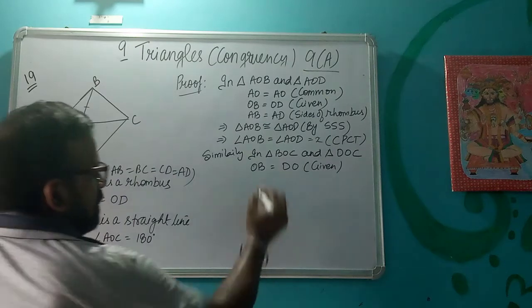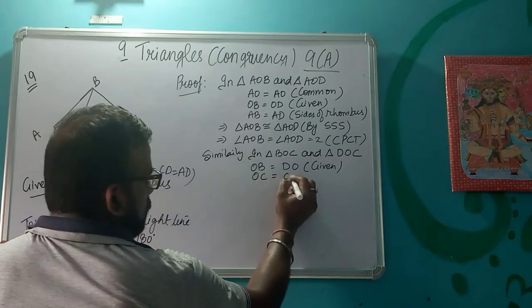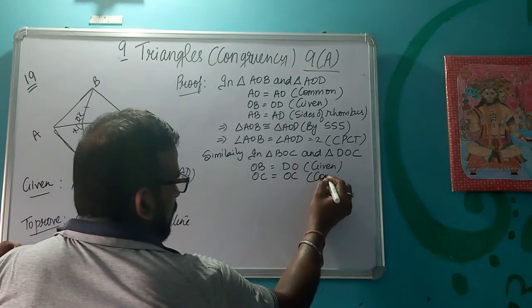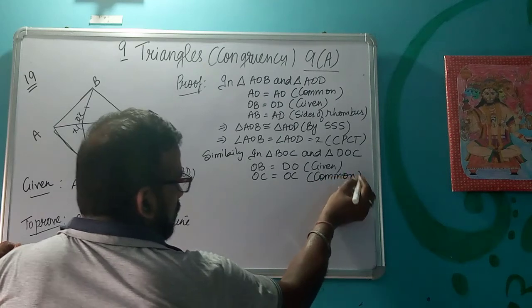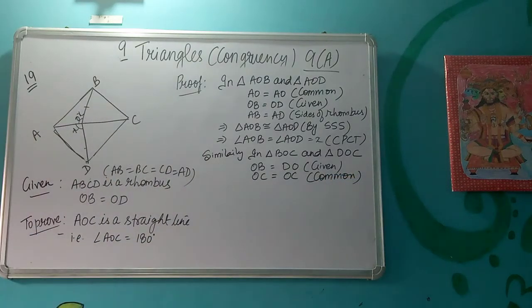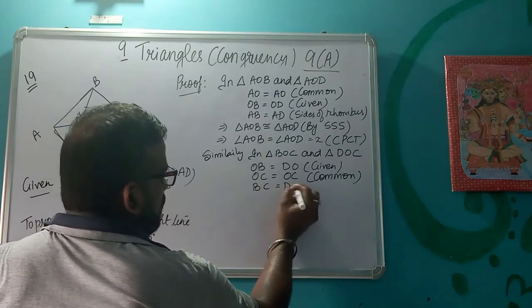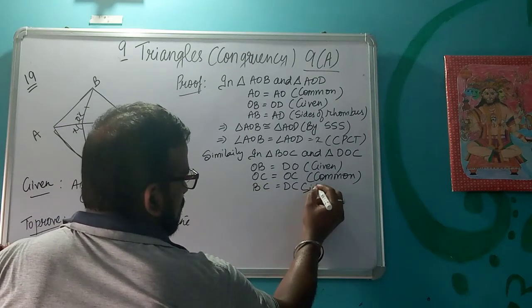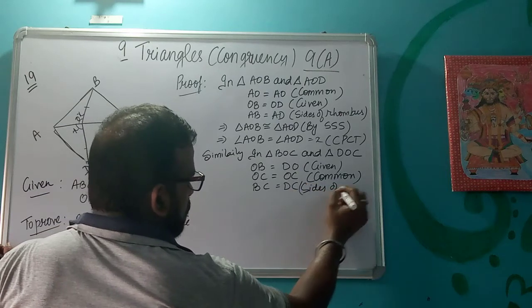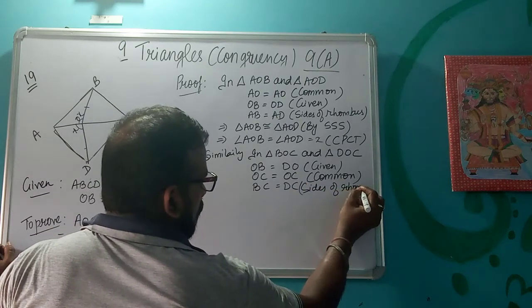Then OC is equal to OC, again a common side. Then BC will be equal to DC, same reason, sides of a rhombus.